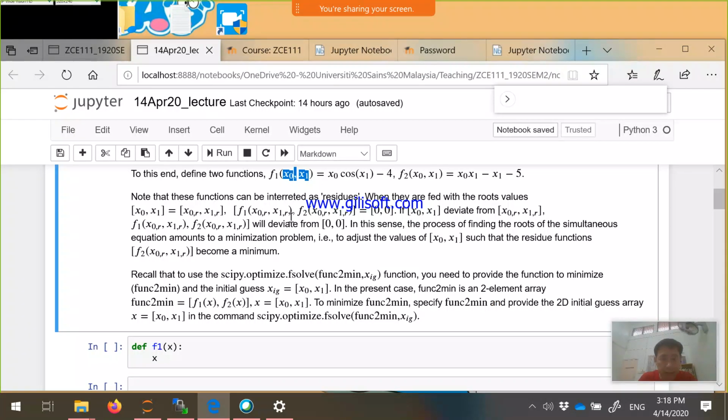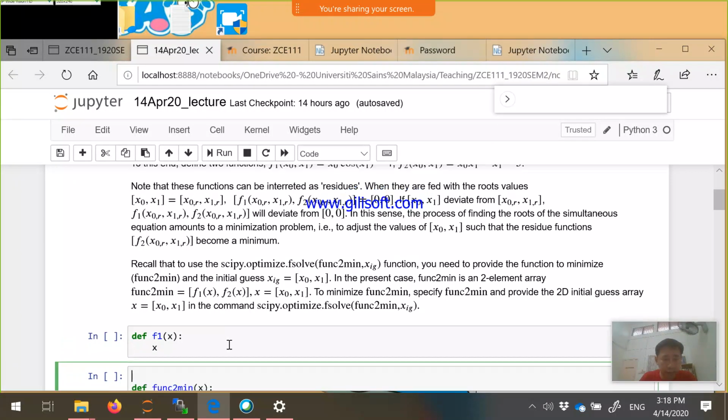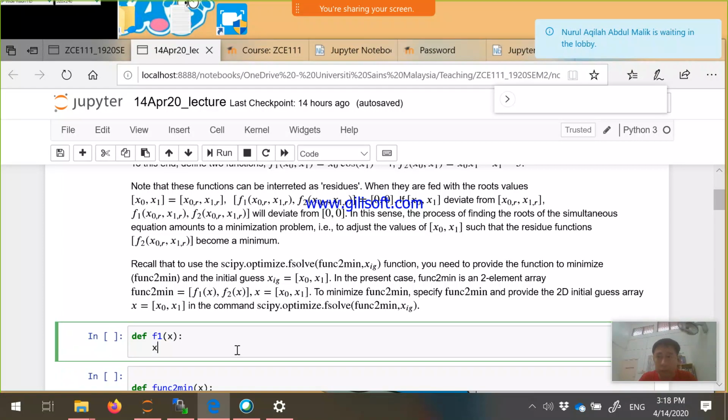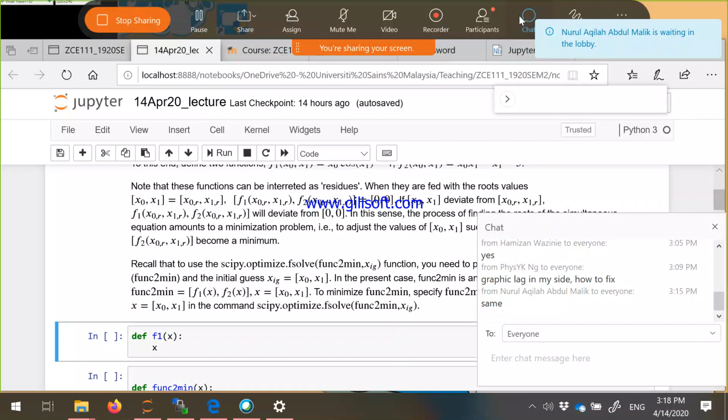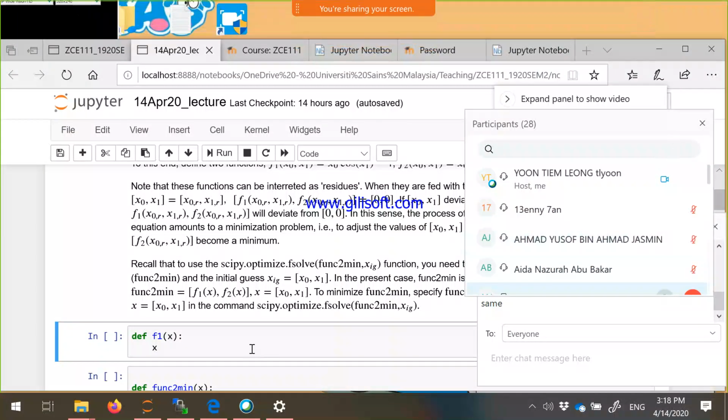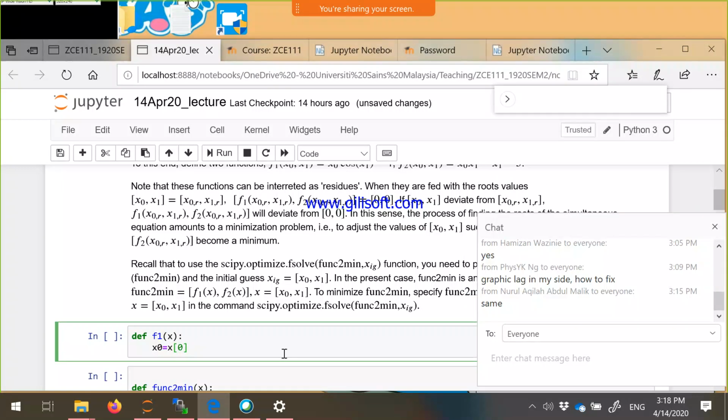Here you have x0 and x1 as two variables, so these variables have to be supplied into it. We call the variable x0 the first element in x, and x1 the second element in x.